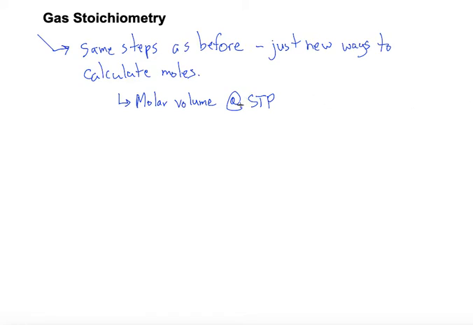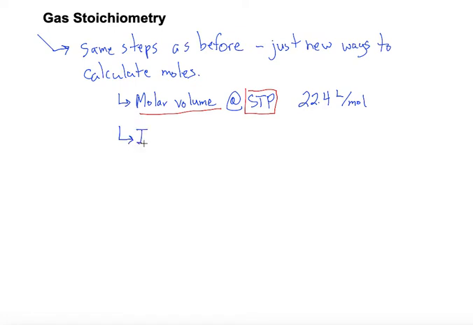If you are not at STP, do not use molar volume. That relationship is 22.4 liters per mole of a gas, but that's only at STP. That's the only time you can use it, unless you know the molar volume at a different set of conditions, but that's unlikely.